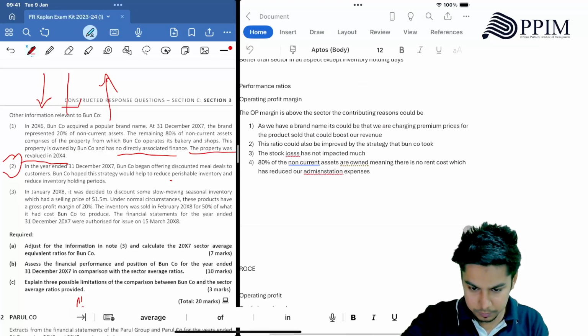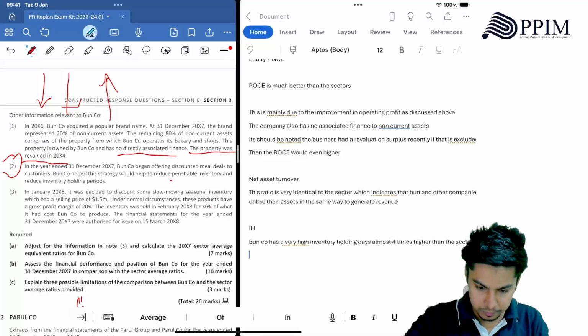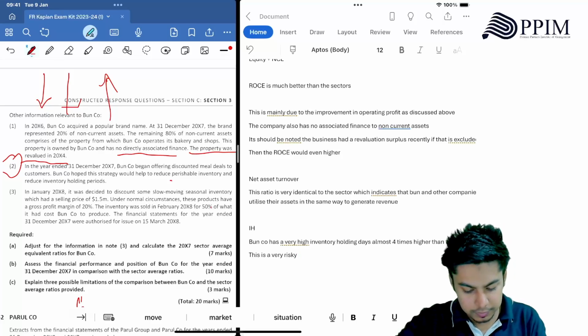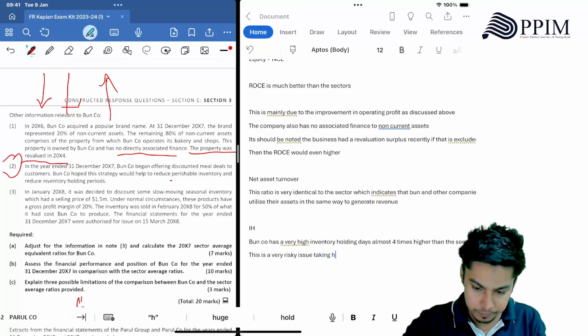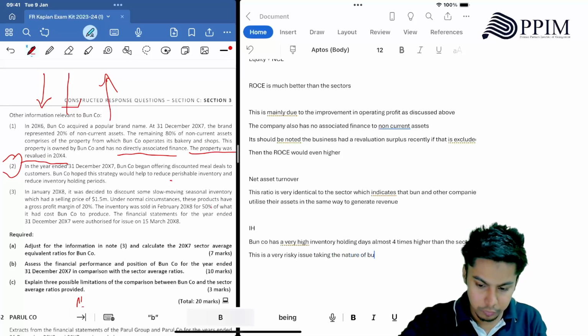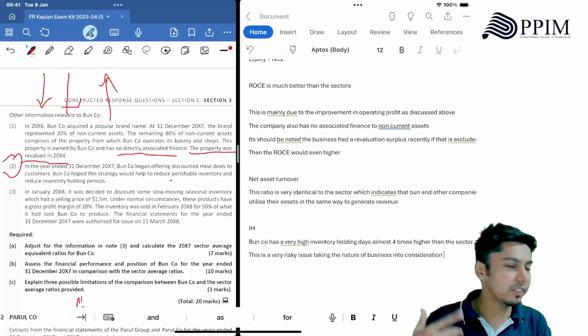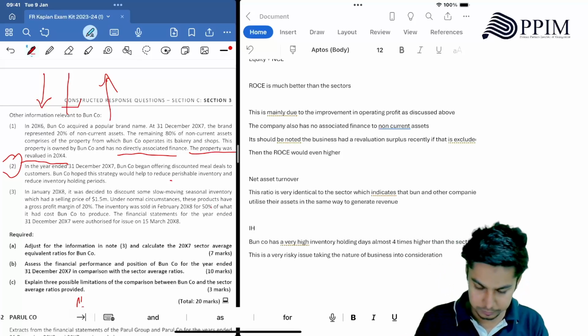This is a very risky issue, taking the nature of business into consideration. So guys, remember, they should be selling much faster because they are a bakery.